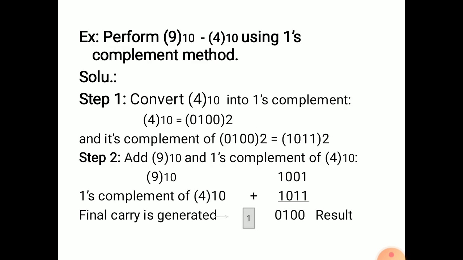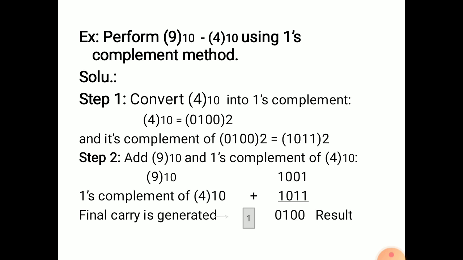The following example will make the concept of subtraction using 1s complement clear. My example is perform 9 to the base 10 minus 4 to the base 10 using 1s complement method. In this example, 9 is a and 4 is b. Let us see a minus b. Step first, convert 4 to the base 10 into 1s complement.